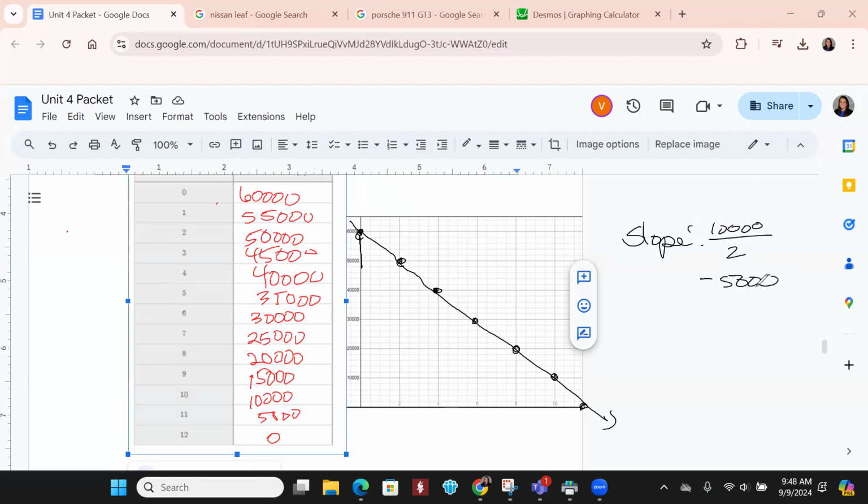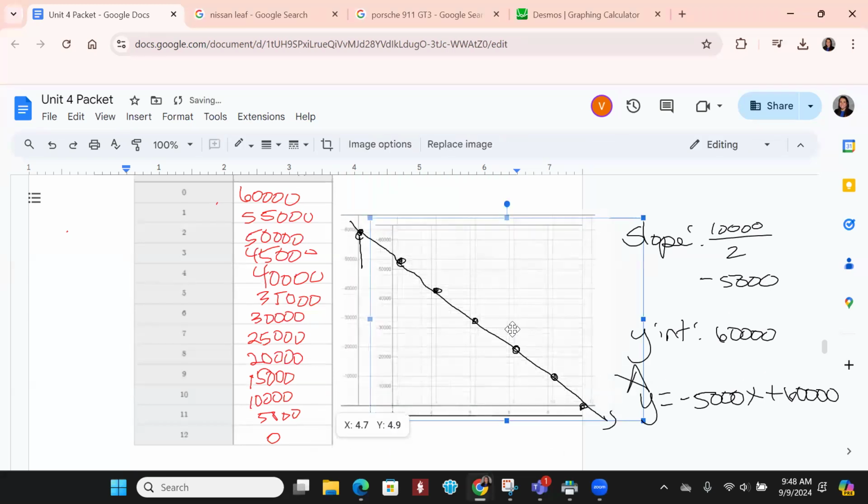What's the y-intercept? It's our initial amount, which was 60,000. So the equation is y equals negative 5,000x plus 60,000. On your quiz tomorrow, it's going to ask you for this equation.